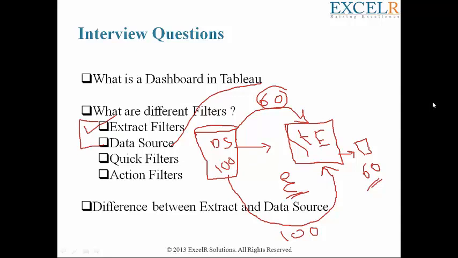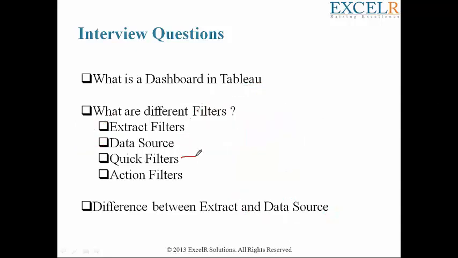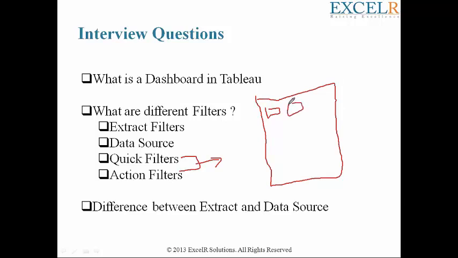Again, the very common question asked is, what is the difference between a quick filter and action filters? So quick filters are, let's say this is my dashboard. I would like to give you again a small visual aid, and these are my sheets, which have a couple of bars in them.